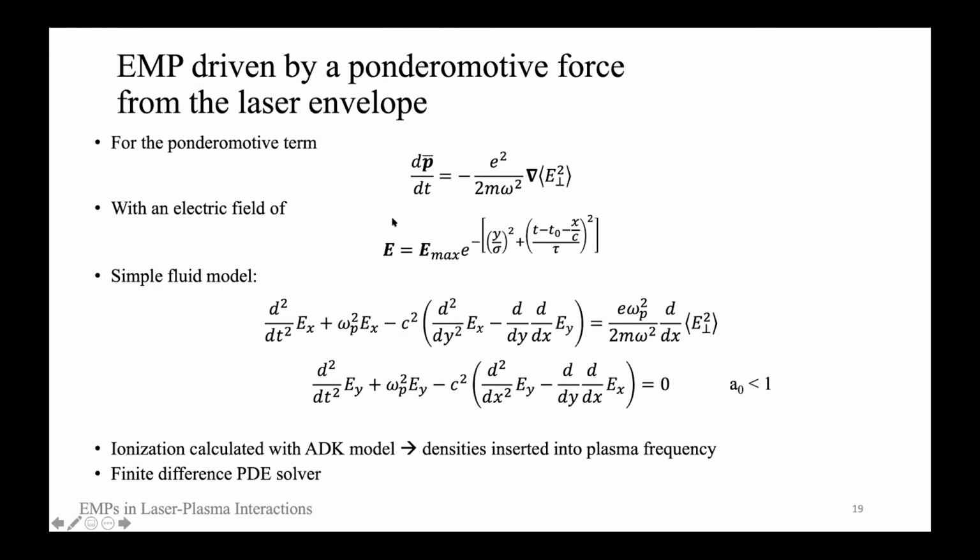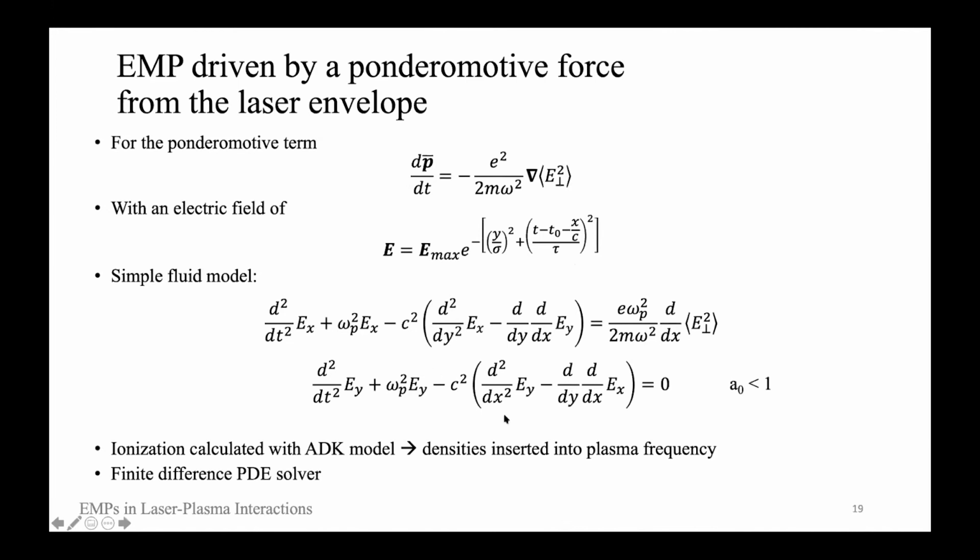And if we look at the electric field that I'm using in those simulations, we've got an X component within the temporal exponent. So when we take the X derivative of that, we're going to get a term that's proportional to the laser pulse envelope. And it's going to be in the direction of the laser propagation. It's going to be our driver term.